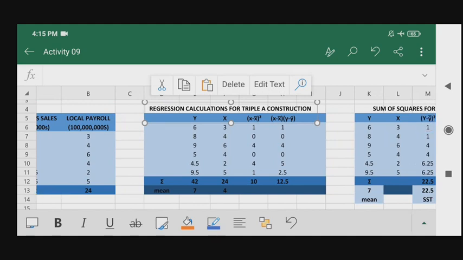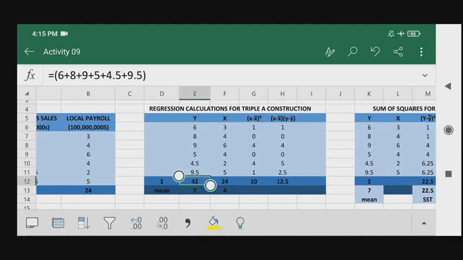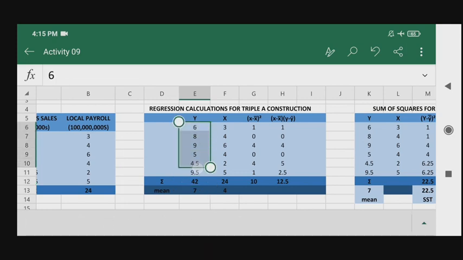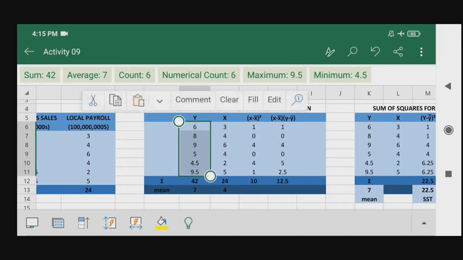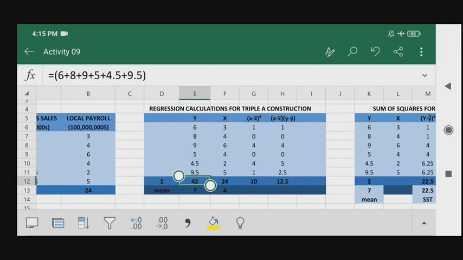So in this table, we have to get the sum of each and the mean of the y and the x. The sum for y is 42, which is all we need to do, add all of these, so it is equals to 42.